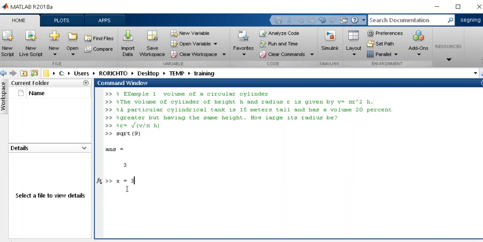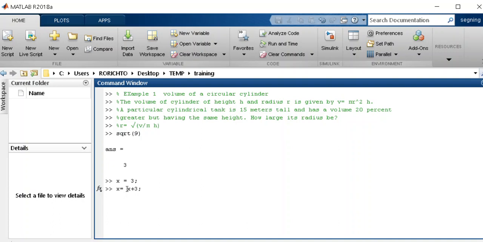However, in MATLAB, we can also type something like x equals x plus 3.